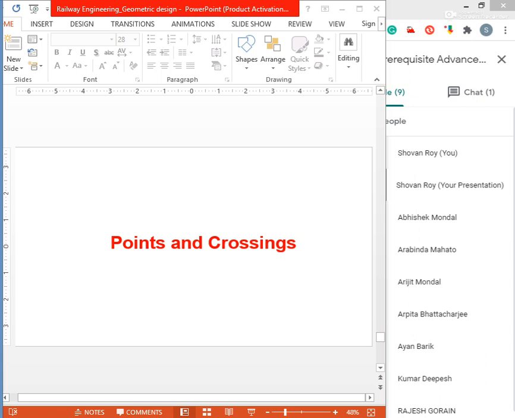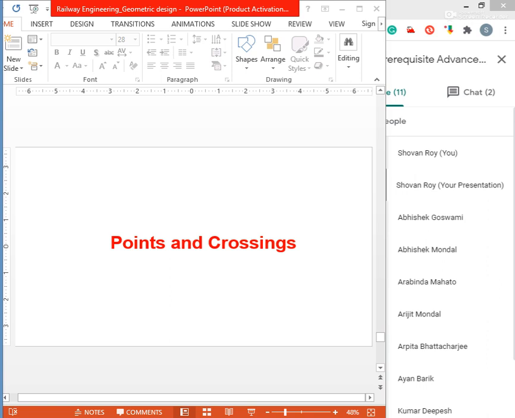Normally I will dictate the things, and the most important part of points and crossings is the figures and pictures. Points and crossings are mainly based on pictures, figures, and schematic diagrams. Without a figure or picture, you cannot explain or give any simple idea to anybody of what points and crossings are.